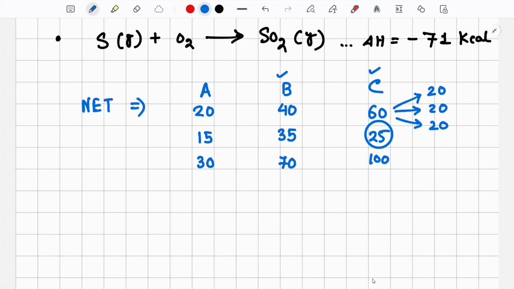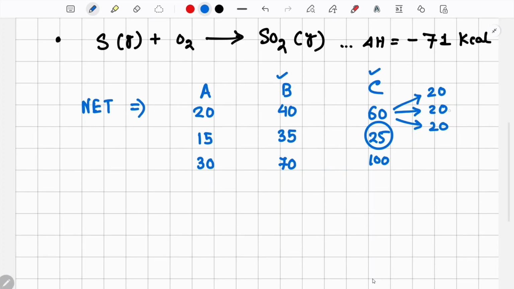Basically that's why lots of people prepare only one part, but that is not the correct thing, because it may happen that in one year organic becomes easier, in another year physical becomes easier. That always keeps changing. So it's better to prepare all three parts. Obviously you will have specialization in one part, that is sure. But you also have to be serious about the other parts as well.